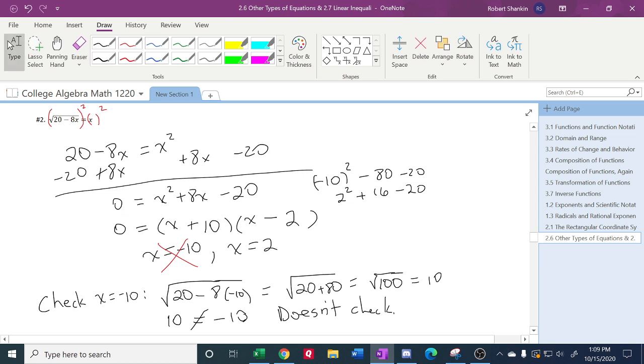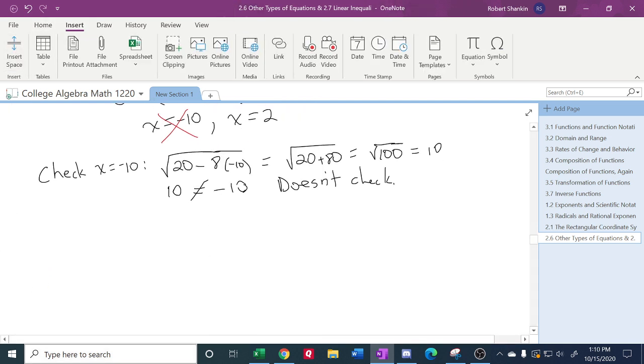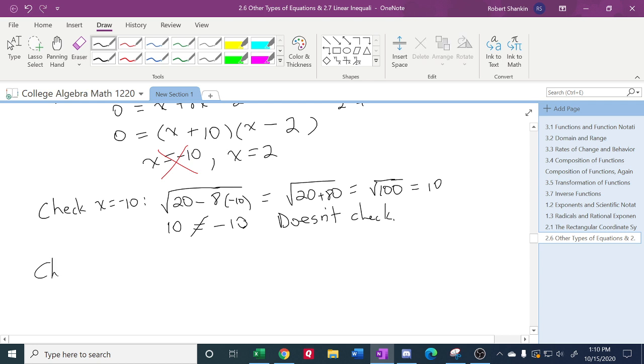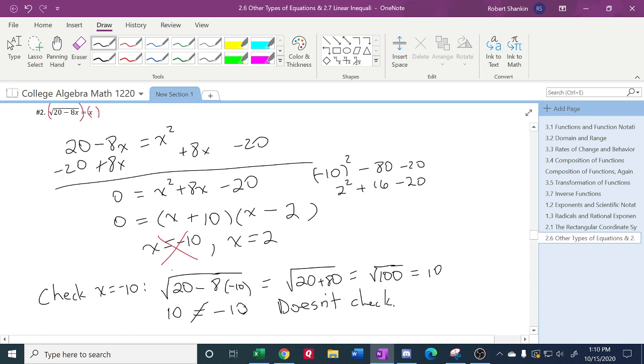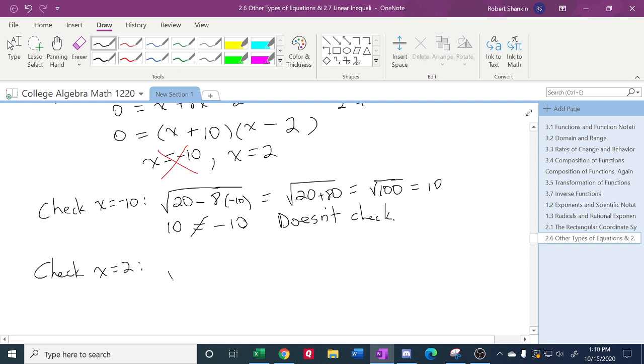Now, I'm going to check 2. So I come back, square root of 20 minus 8 times 2. Make sure, yeah, 20 minus 8 times 2.